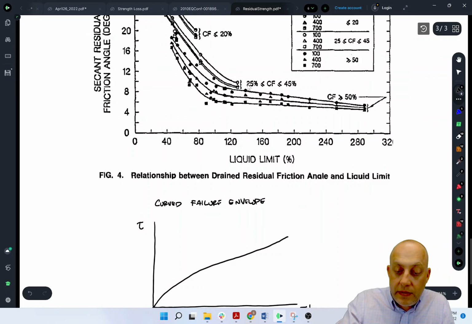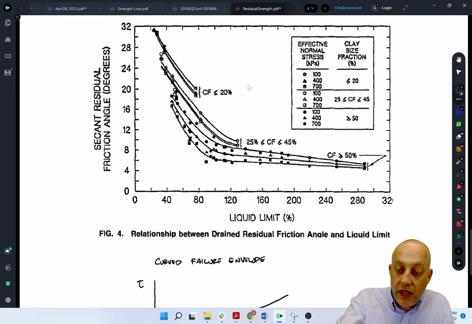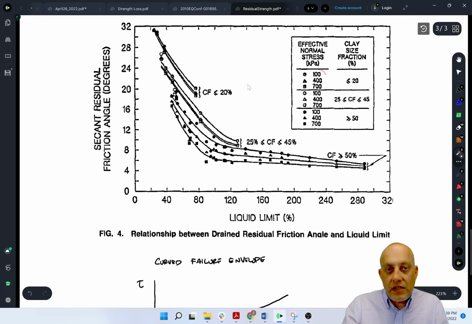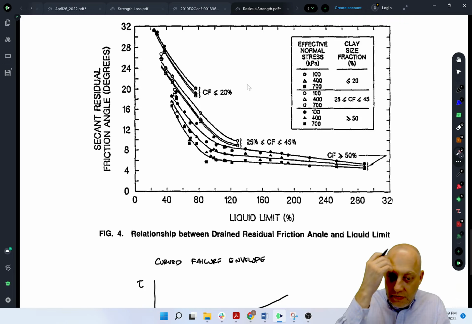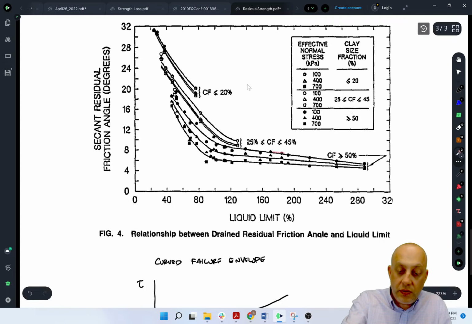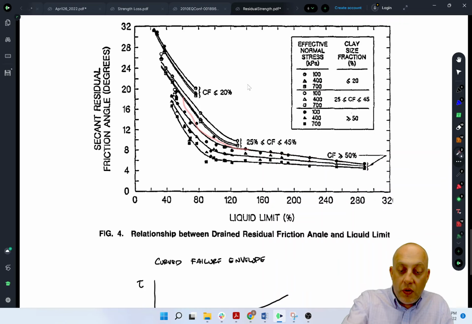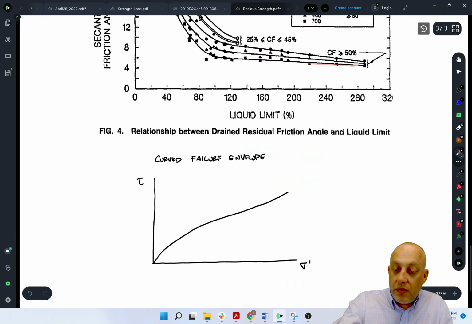So what you can do is if you know that your failure is fairly shallow, maybe, and 100 kPa is a reasonable effective stress to use, you could come along and use this top line to get your residual strength based on your liquid limit. If it's a very deep one, 700 kPa might be more representative, then you should use this lower line. And what you would be doing is, notice that this says secant residual friction angle.